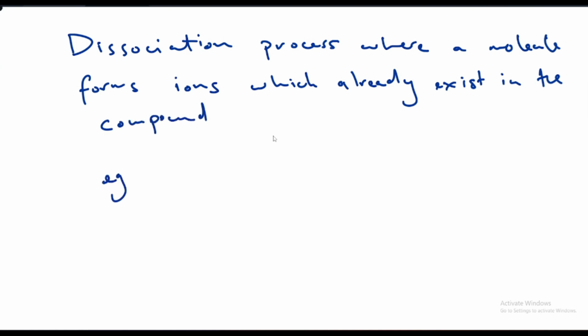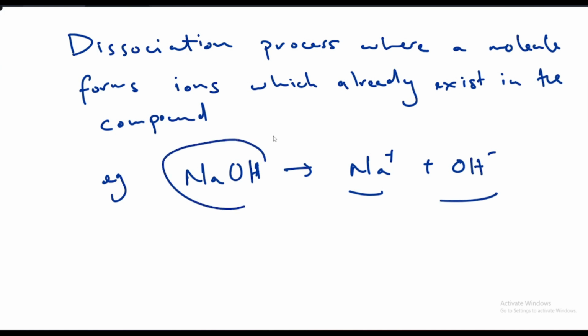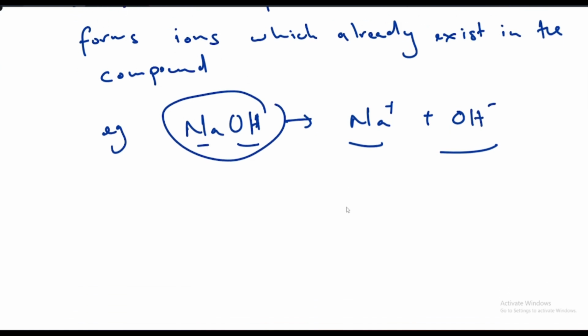For example, NaOH will form Na plus and OH minus. So as we can see, these charged compounds already exist in the molecule Na and OH, whereas ionize means that the ions that form were not part of the original molecule.